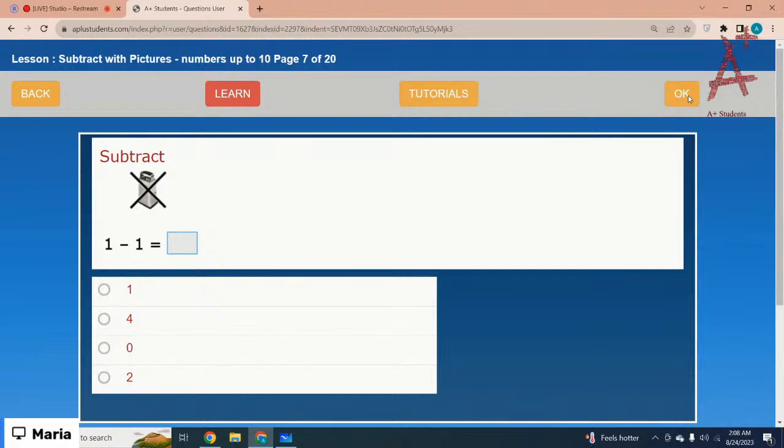Okay, the next one is you have only one cheese grater, and that is already crossed. How many cheese graters are you left with?